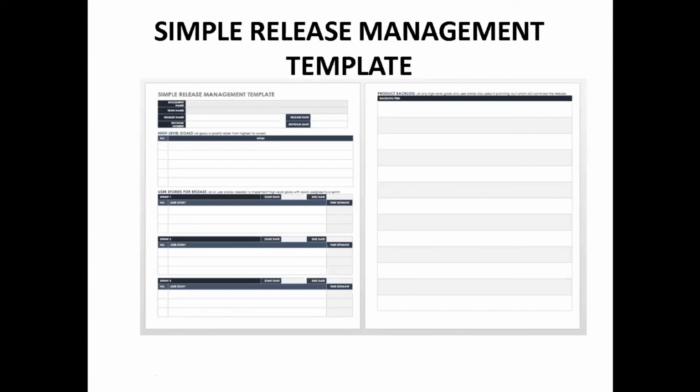So you have to list out the top level goal to the last level goal. The second block is about user stories for release. So what are the things that the user has asked, and you tell him this is there in this release. This is the start date and this is the end date. Last is the product backlog, where you give a backlog of all the items that have happened in the release.